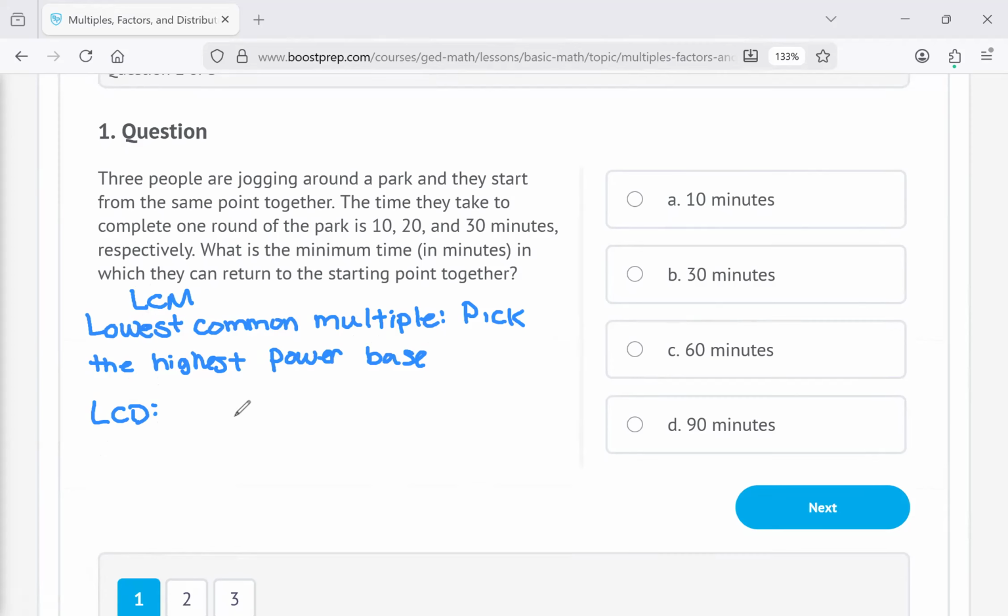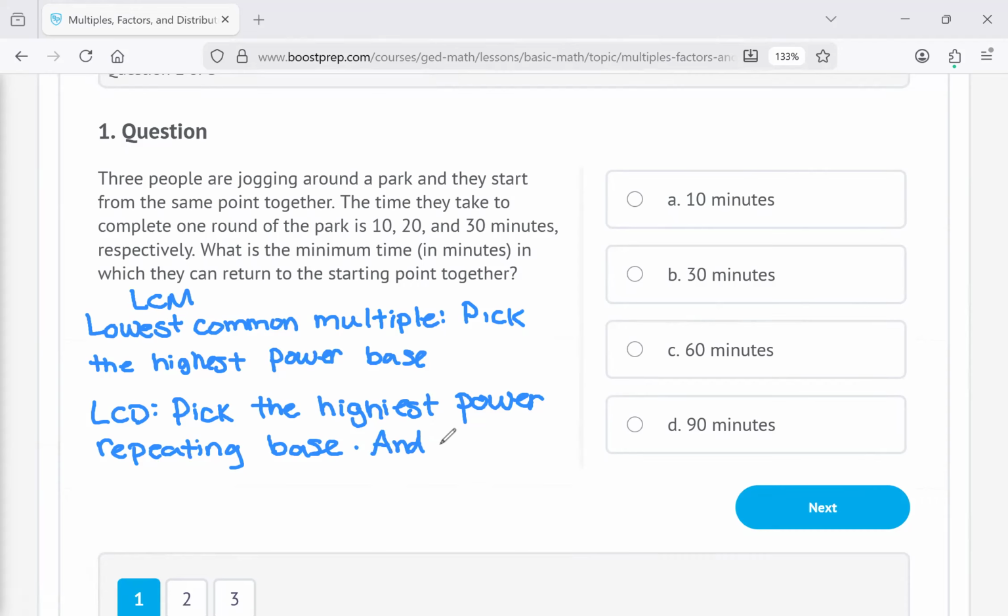The LCD is you pick the highest power of the repeating base, and then you also pick anything that isn't repeating.